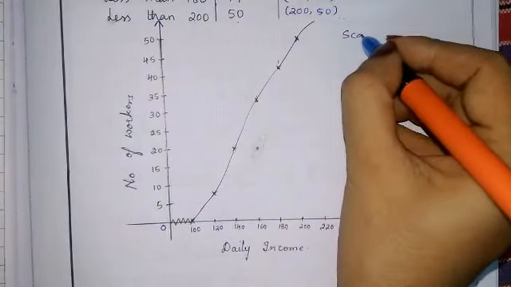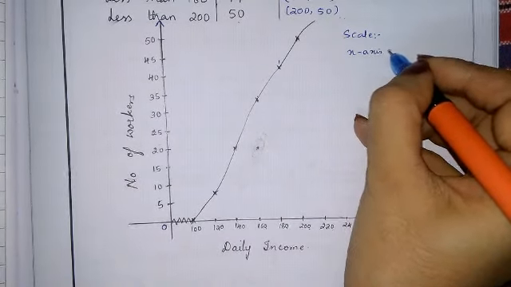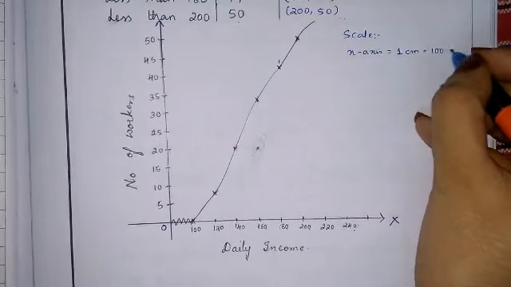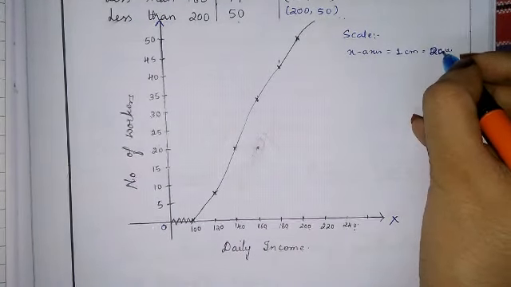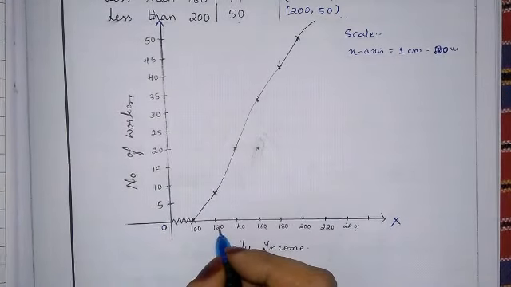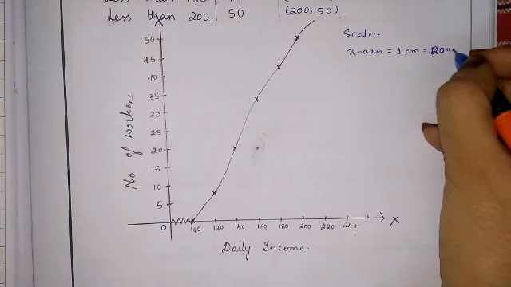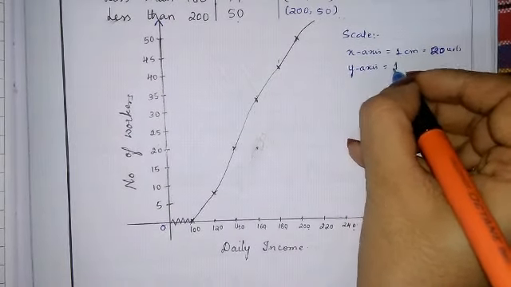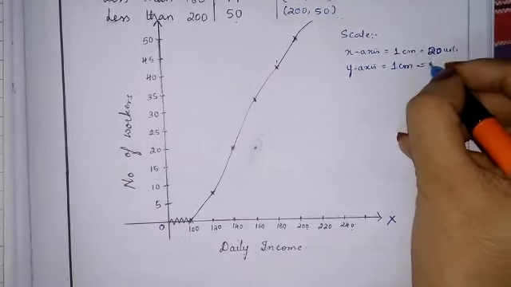So what will the scale be? On the x-axis, 1 centimeter is equal to 20 units, since the difference is 20: 100 to 120, 120 to 140. On the y-axis, 1 centimeter is equal to 5 units.